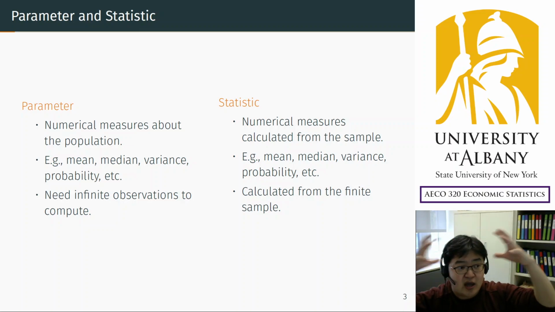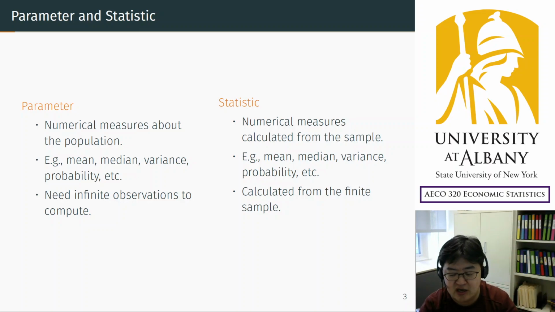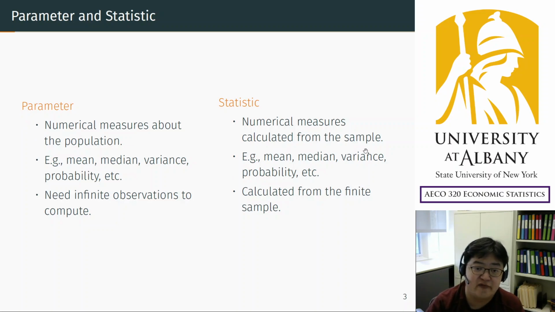But so they are kind of opposing terms, but actually they can be the same thing. I mean, you may calculate the average from the population or from the sample. So depending on where you calculate the mean from, it could be a parameter or a statistic.